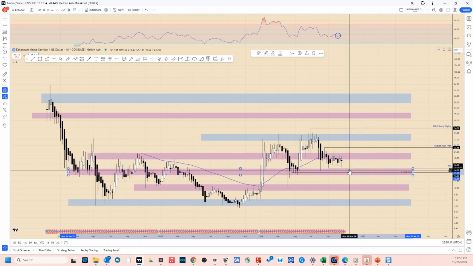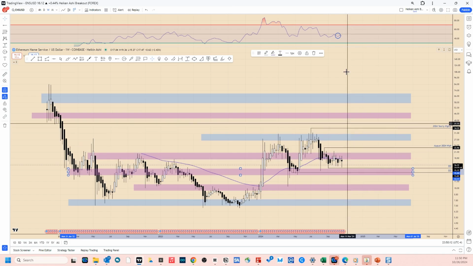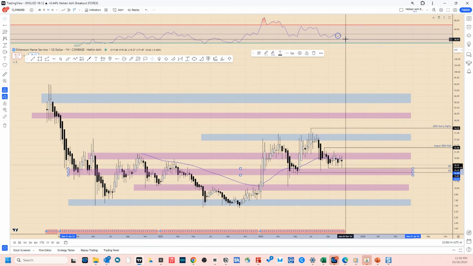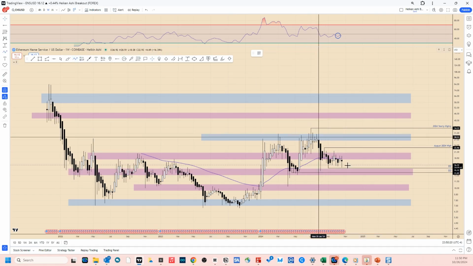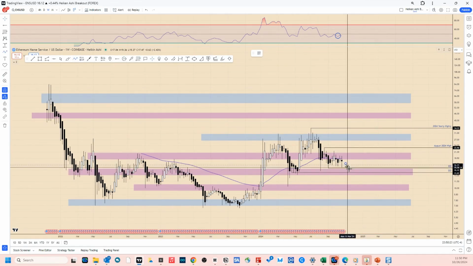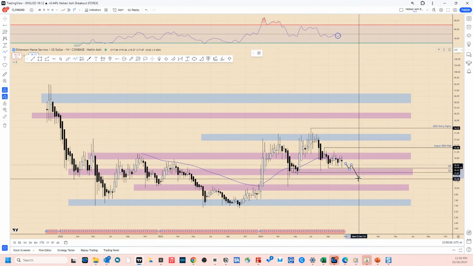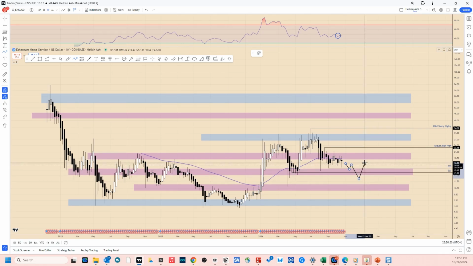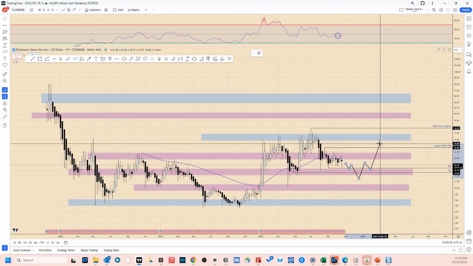If it drops down and gets in here, to me that would be a decent enough buy, even if RSI was down here, because sometimes price will do this and then come up, only to come back down here, grab the liquidity, come back up, break, retest, and then come up here.